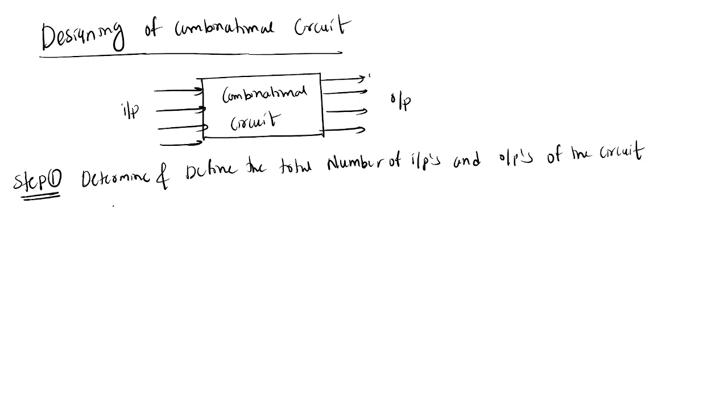First you need to find out how many inputs and how many outputs there are. Whatever problem is given, you need to identify the number of inputs and the number of outputs.